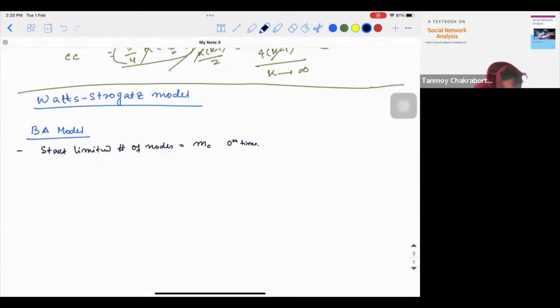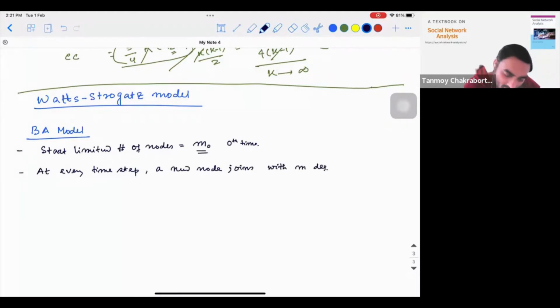So we start with a small number of nodes M0. At every time step, a new node joins with degree M. Initially you have M0 nodes here.